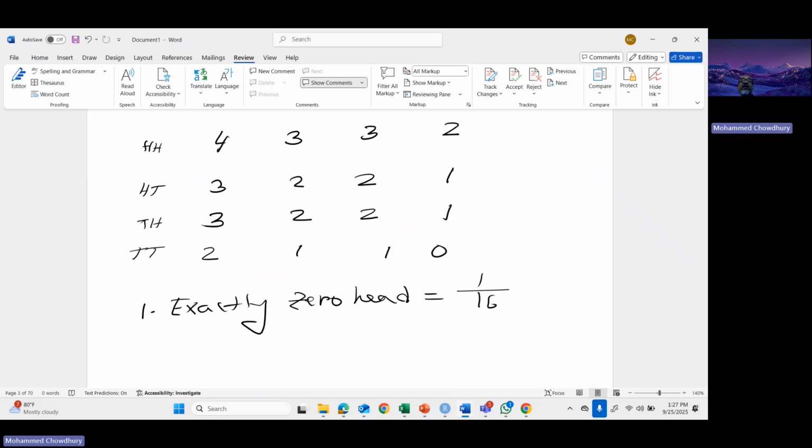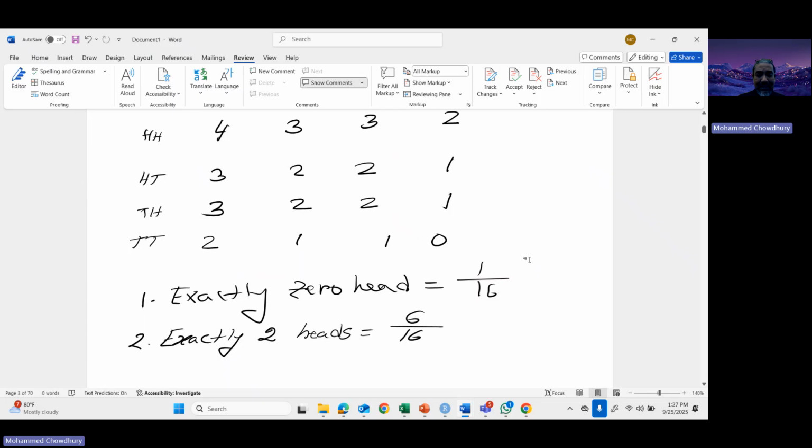There are 16 sample points, only one sample point has 0 head. And then the next one is exactly 2 head, 6 over 16.